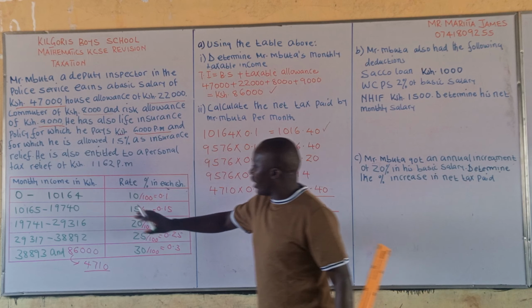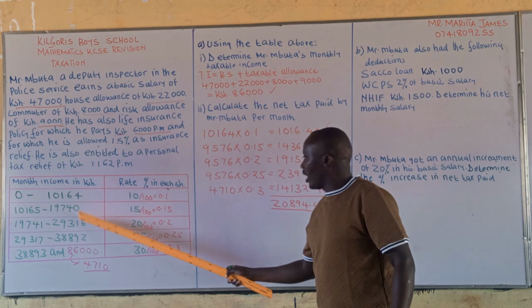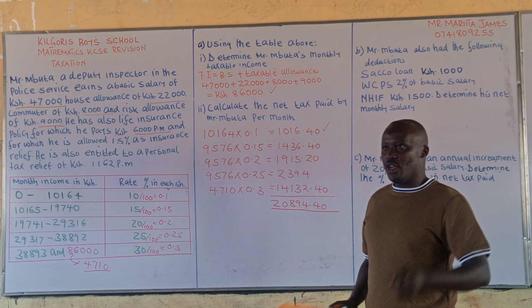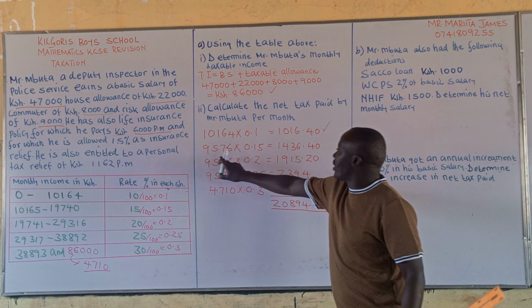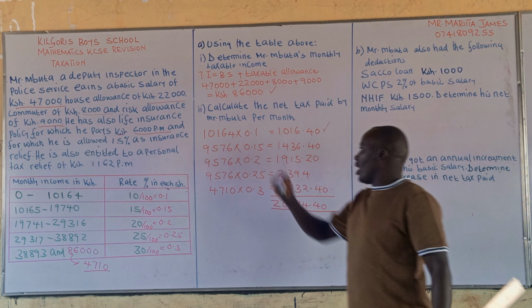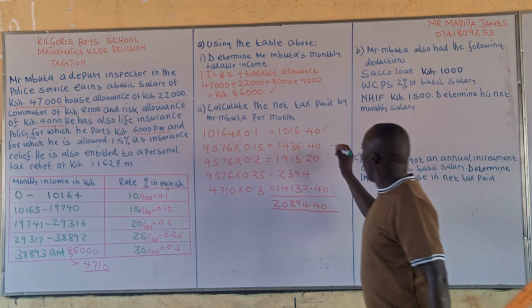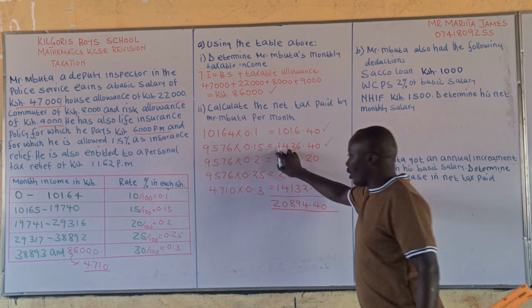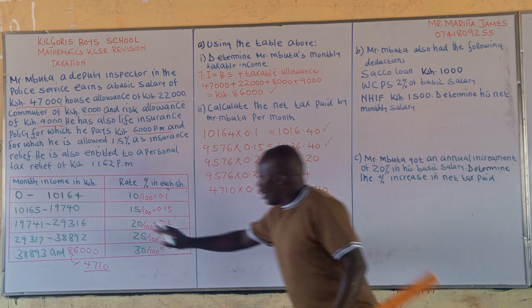Next, we have 19,740. You subtract 10,164, which gives a difference of 9,576, times the rate of 15%, and that is equivalent to 1,436 shillings and 40 cents.